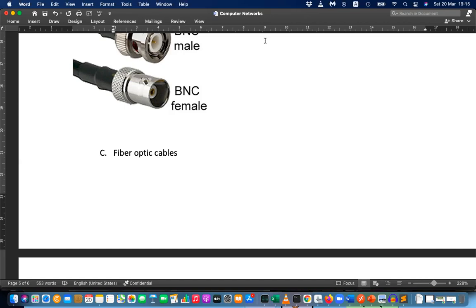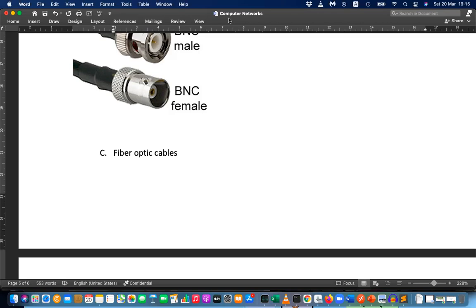So it reflects light. The above two technologies are not reflecting light. Those two technologies are transmitting using electrons, the electron transmission in the copper cable, whatever current is transmitted. But in this one, light is transmitted. That is the difference.